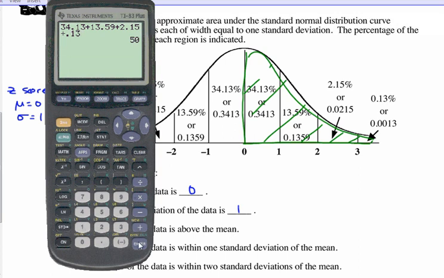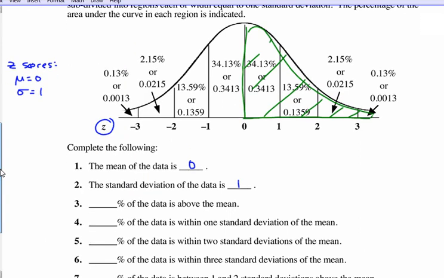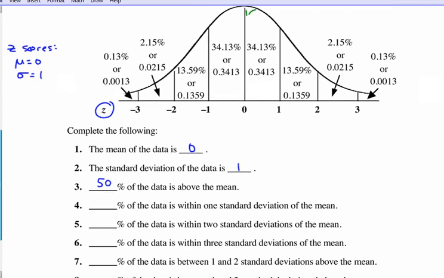And that equals 50%. So 50% of the data is above the mean. Meaning, what percent is below the mean? Also 50%.